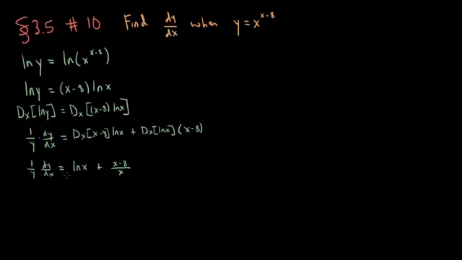Now, I want to solve this for dy dx, of course, which means I need to multiply both sides by y. But before I do that, I probably want to combine the right-hand side. Get a common denominator and add. The common denominator is going to be x, so let's just multiply by x there. Now I have a common denominator, and I can say that 1 over y dy dx equals x natural log of x plus x minus 8 over x.